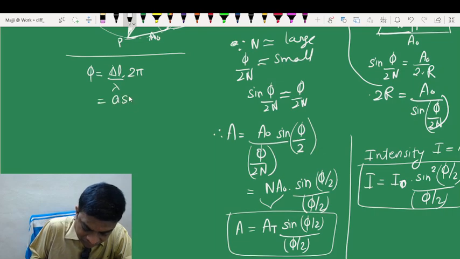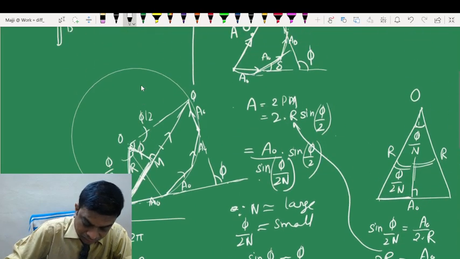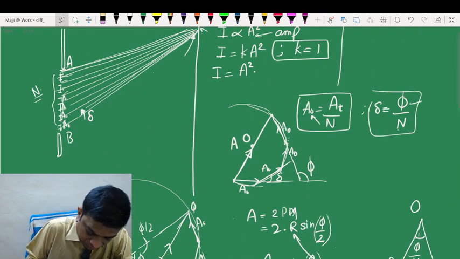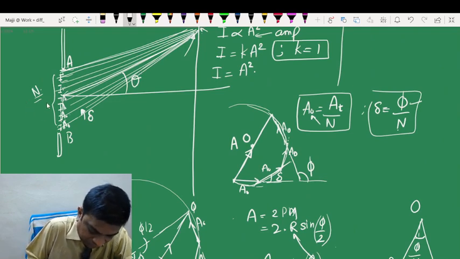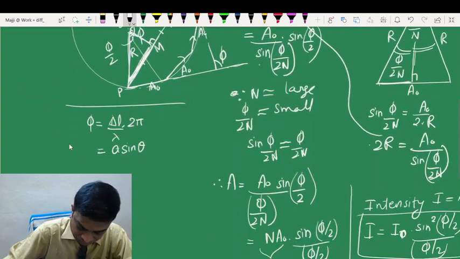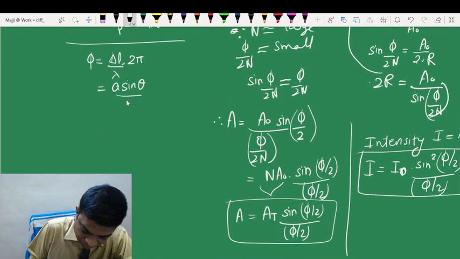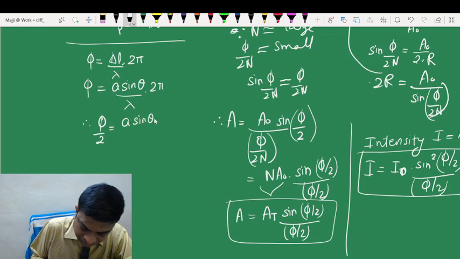It is a sine theta. If I draw this, this is a central line and this angle is theta, and a is the slit width. Then I can write like this. So phi by 2 will be a sine theta into pi by lambda.